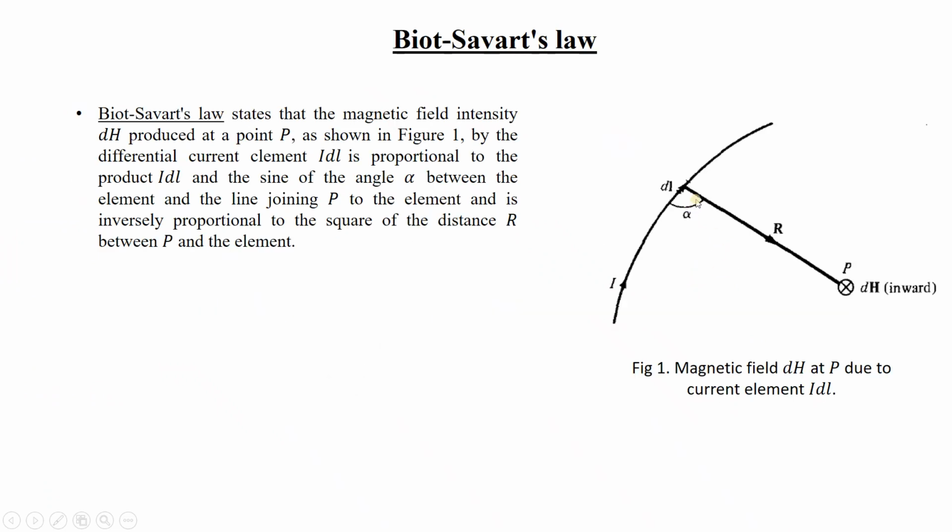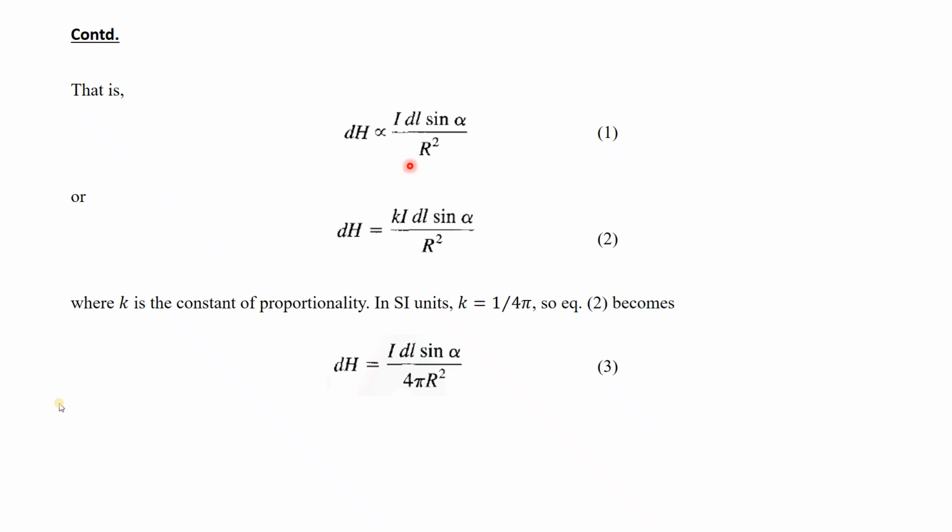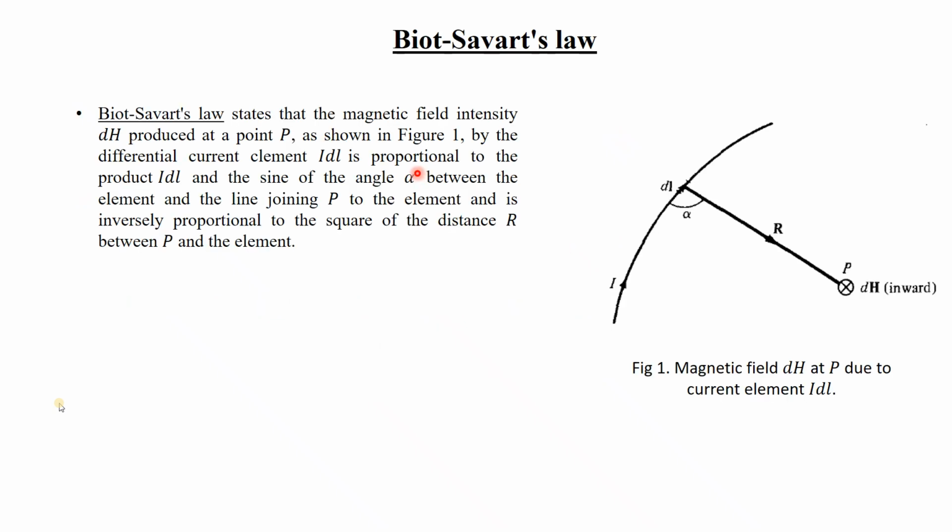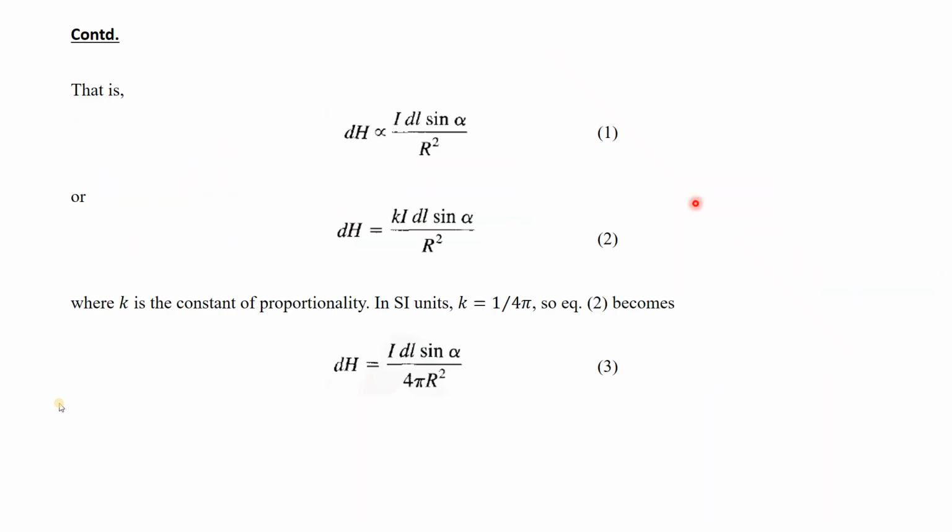It is proportional to IDL and to the sine of the angle alpha between that particular current element and the distance, and inversely proportional to the square of the distance, because it is creating some magnetic field like this. So what is the intensity at this particular point?